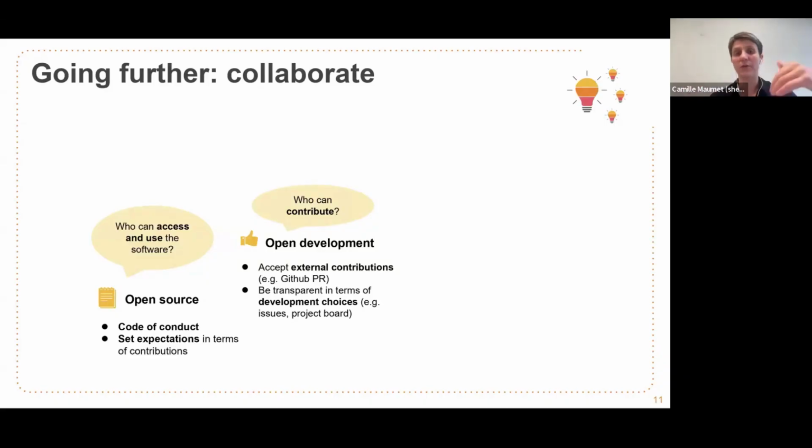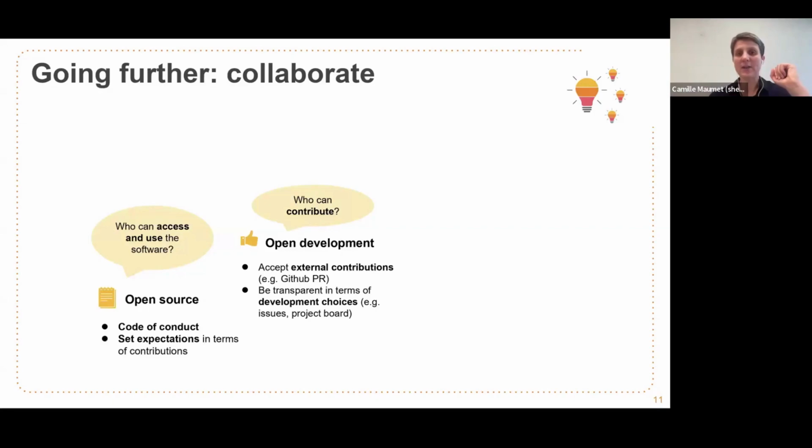This might be in the form of pull requests on GitHub or whatever. And also being transparent in terms of development choices. Sometimes writing an issue saying there is this big feature change that is going to happen is very useful. Having a project board, giving some idea of what's going to happen, is also helpful for people to contribute.